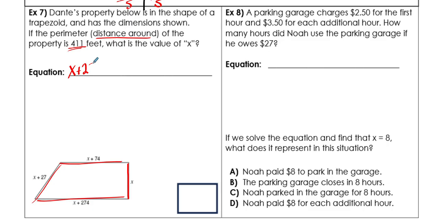So I'm adding these four sides together. X plus 27 plus this one plus x plus 74 plus this one, that's just an x, plus this last one, which is x plus 274, is adding up to a total of 411.